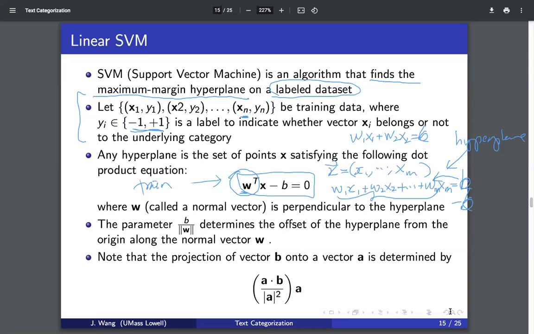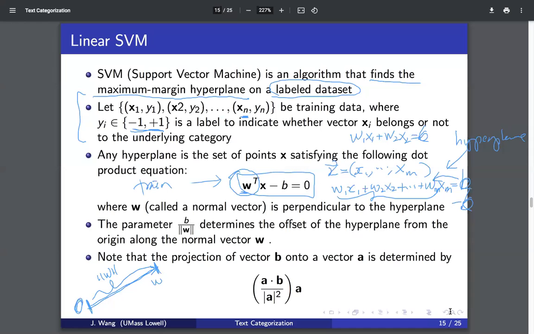Then the parameter here, B over the norm of W, which is the Euclidean norm. Euclidean norm is, you look at a vector, you just look at its length. So this is the vector, and the length of that vector is the Euclidean norm. Basically, from the origin, it is the sum of the squared coordinates, and then you take the square root.